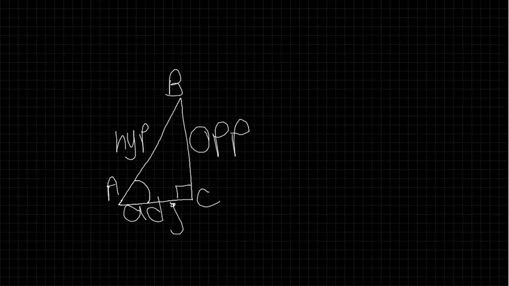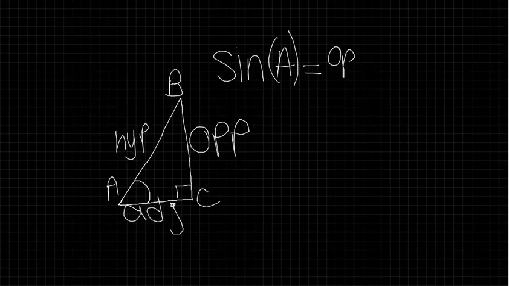Okay, so when we're looking at the relationship between angle A and our side lengths, we could say that the sine ratio, which we're going to abbreviate as SIN, sine of A, is equal to the opposite side over the hypotenuse.